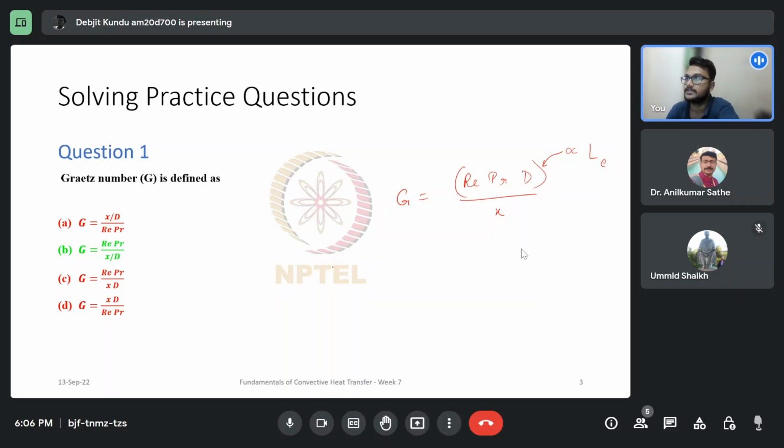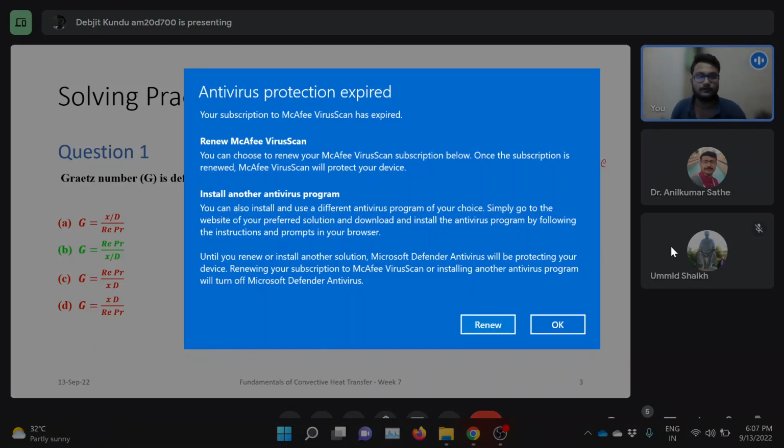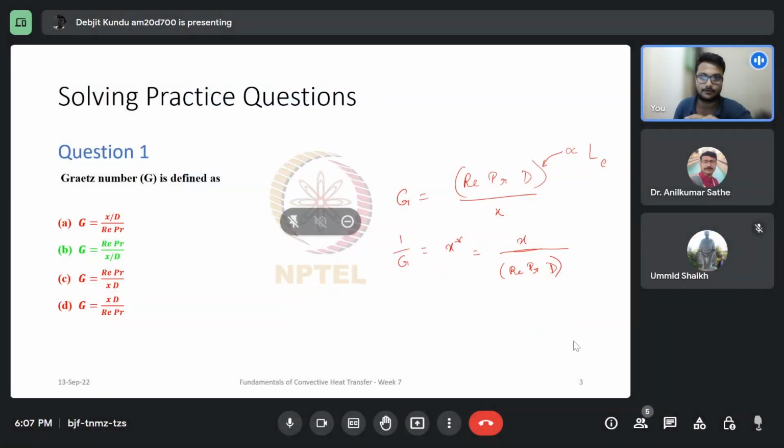So 1 by G, in fact, is used as a non-dimensional scaling of x, where this non-dimensional parameter x star is nothing but x divided by Reynolds number into Prandtl number into some characteristic dimension. So this tells us how many entrance lengths we have covered if we have moved from 0 to x. Keep this in mind. This might prove useful in one of the later problems that we are going to face today.